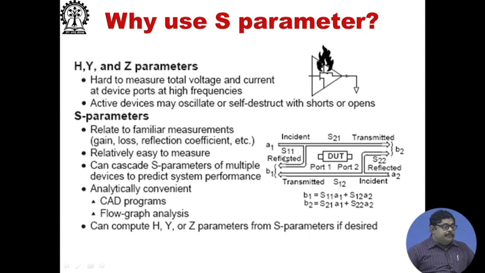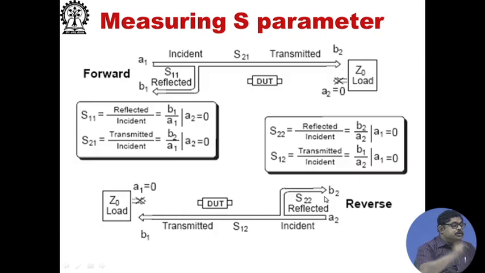So, you see that some incident wave A1 is put, some of that gets reflected, that we measure as S11 by putting a matched termination here. Similarly, we measure B1 and find this ratio. Whatever we have said already is written here for 2 ports.